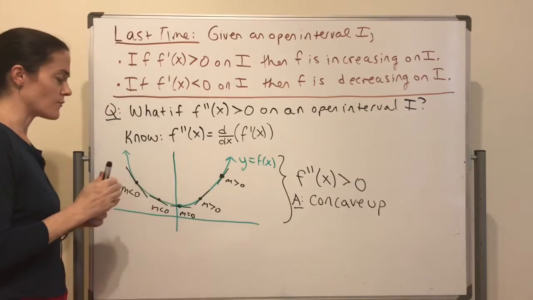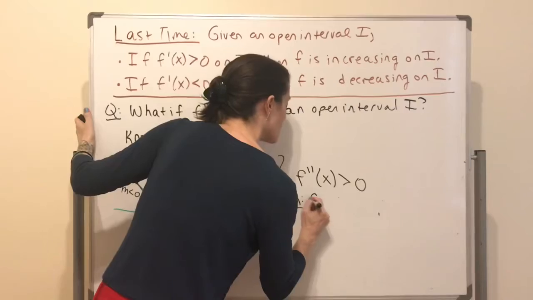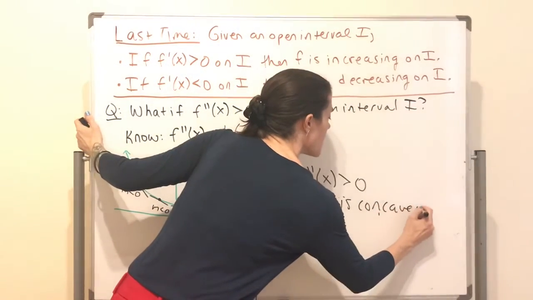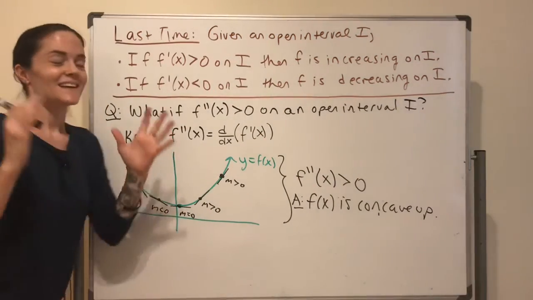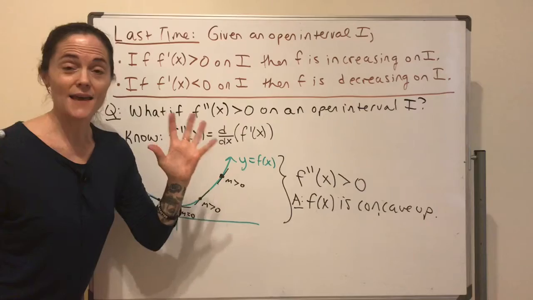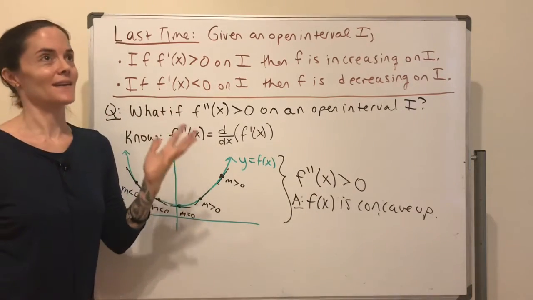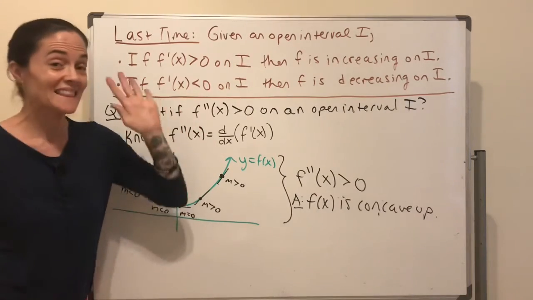Answer: the original function, f of x, maybe I should write that here, is concave up. And the way I think about this picture, it goes like this. Concave up like a cup. That's the way I remember the shape of concave up, second derivative positive, concave up like a cup.